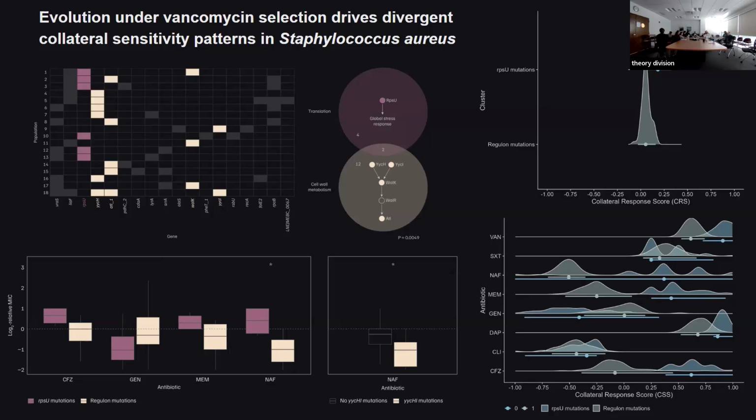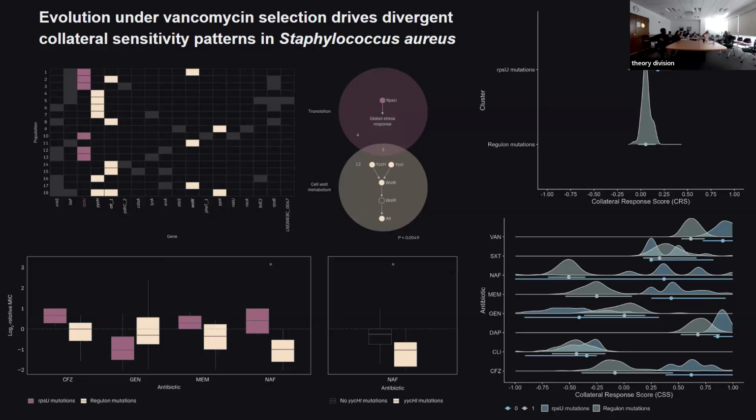And then in the bottom right-hand corner panel, I'm stratifying by both pathway and drug. We see that in some cases, like again nafcillin, there is divergence in the mean of these distributions for these two pathways, indicating yes, there is a divergence.